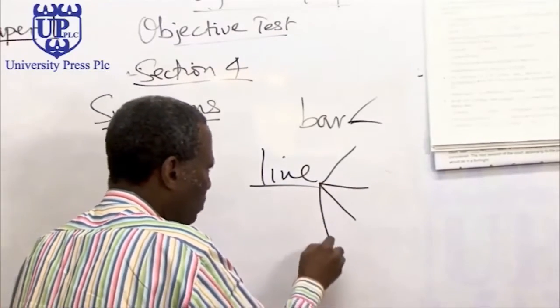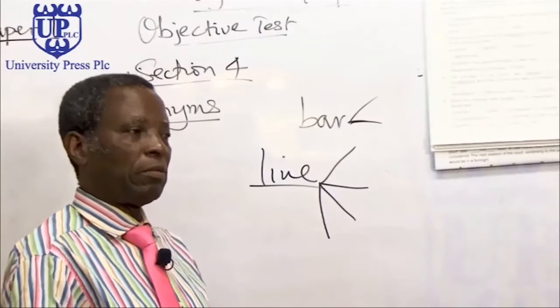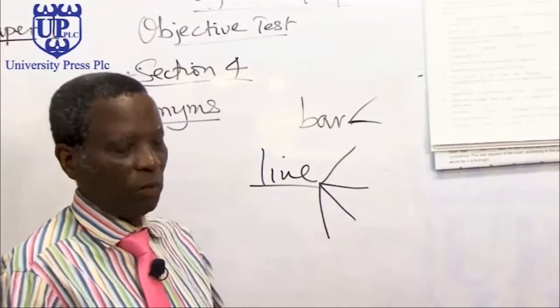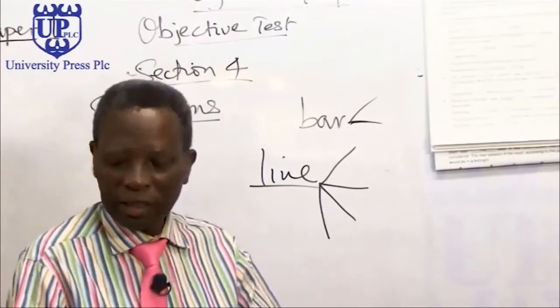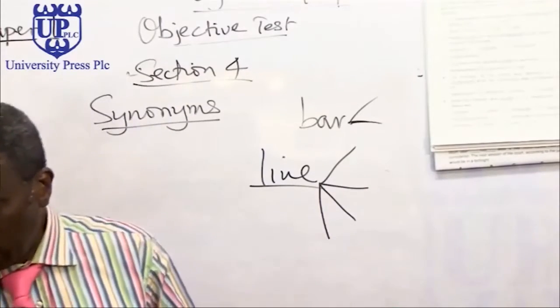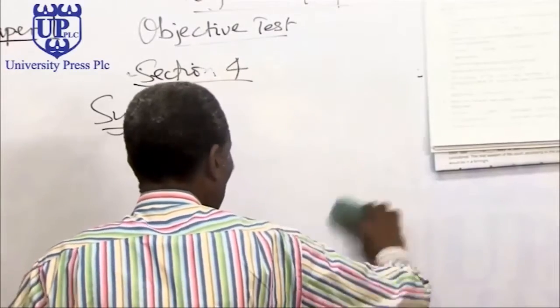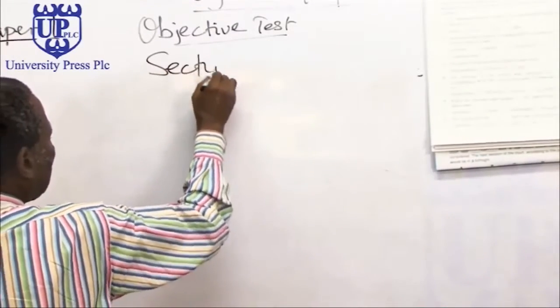To a businessman, maybe another branch of the trade. Why don't you try another line? Probably he's been selling detergent. It's not moving fast. And then somebody says, why don't you try another line? Probably another branch of the trade. So you can see, before you give the meaning of any word whatsoever, you must consider how it has been used. Now let's look at section 5.